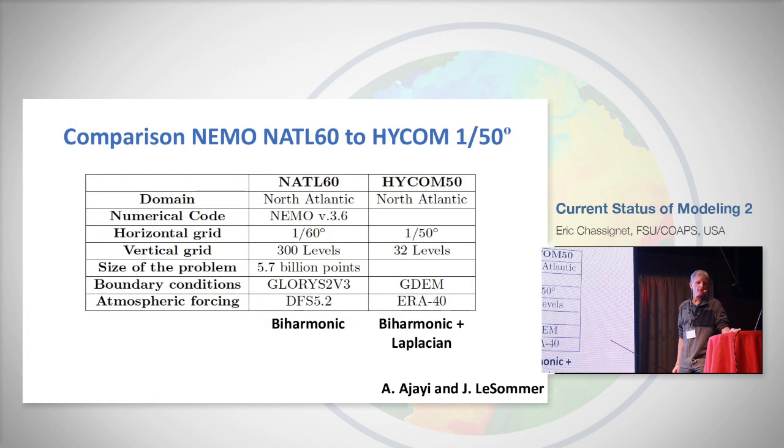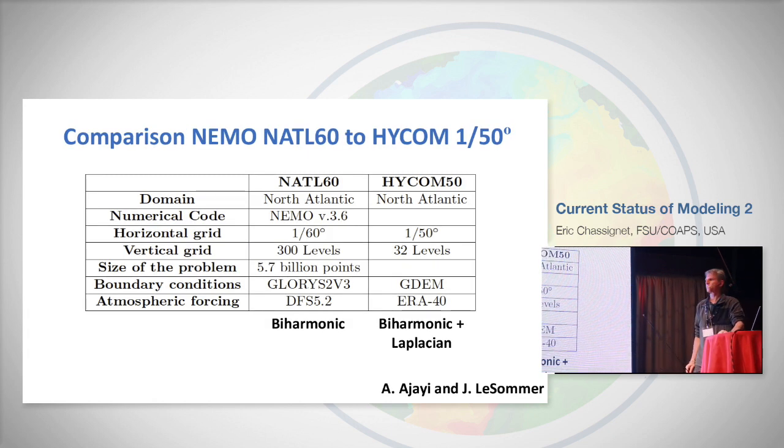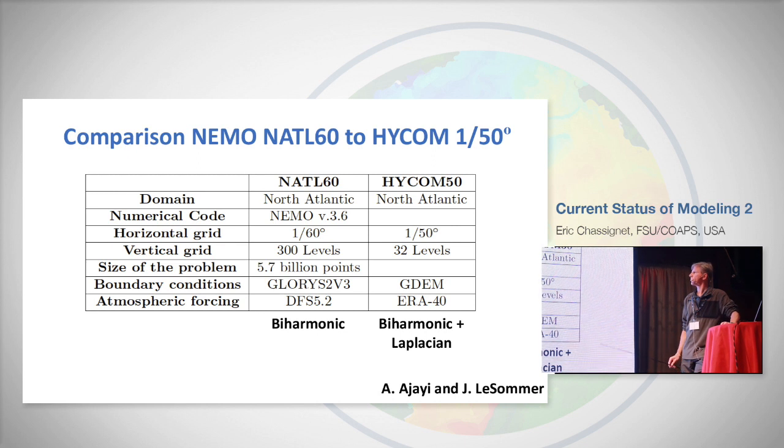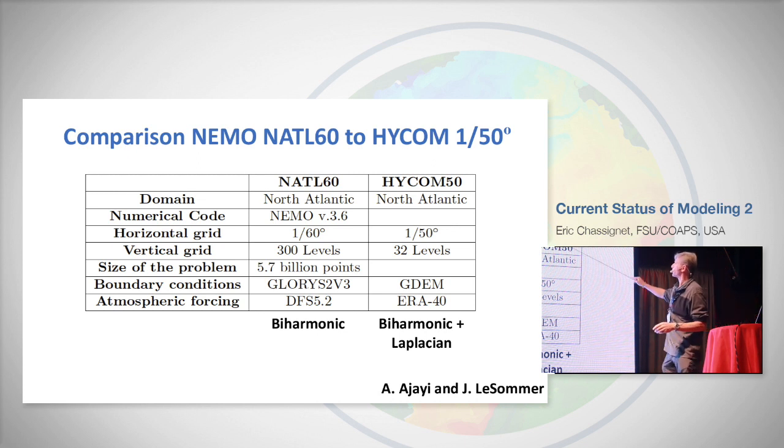To further illustrate this, this is work that Eddy at IGE is doing with Julien Le Sommer. They are comparing the equivalent North Atlantic 1/60th degree done with NEMO to the HYCOM 1/50th degree. There are two differences that I'd like to point out.